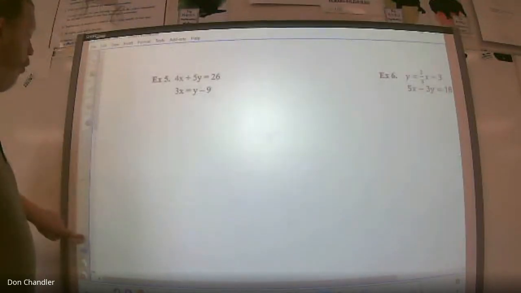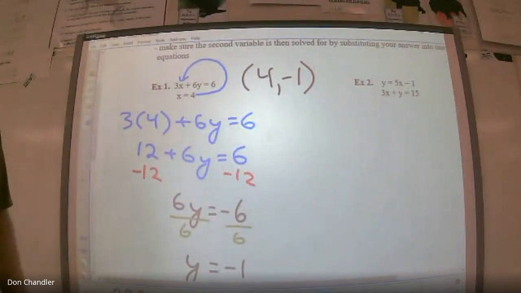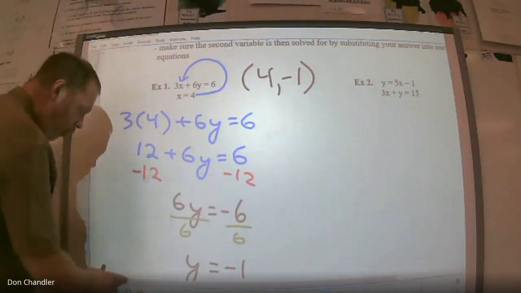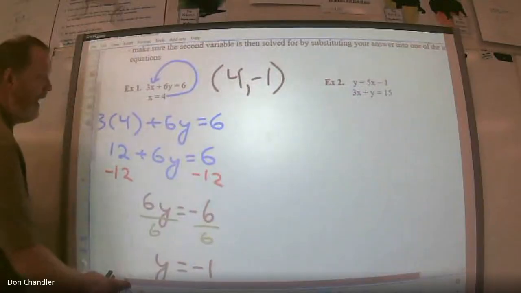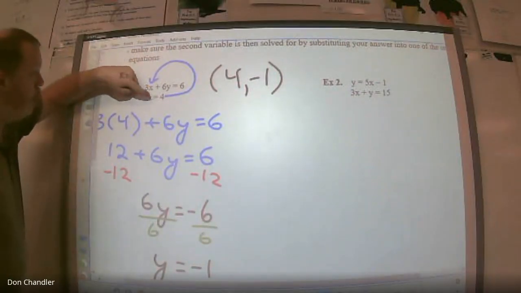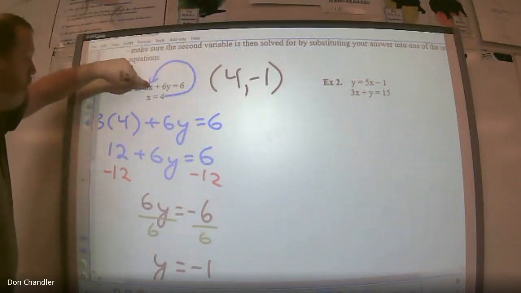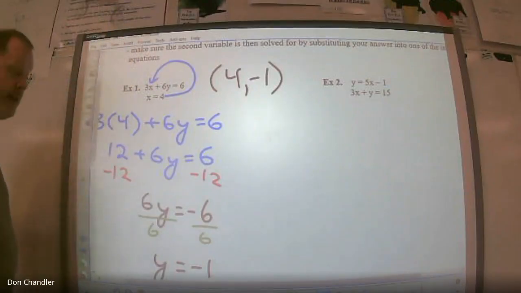I'm doing this over and over again. So to recap, you get one of them to x equals or y equals. You substitute it into the other equation, and you solve for your missing variable. That's why it's called the substitution method.